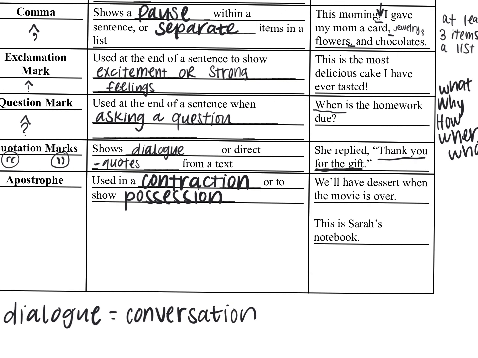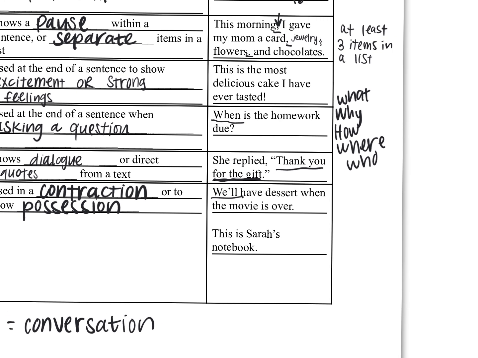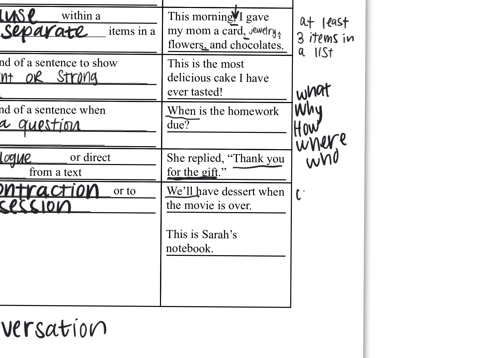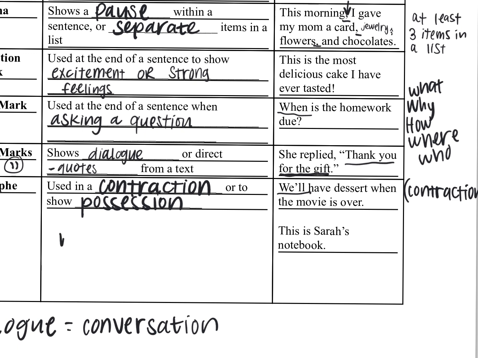Our examples here, our first one, we'll have dessert when the movie is over. That one is a contraction. The reason it's a contraction is because we have joined 2 words together. So instead of it being just will, it's standing for we will.